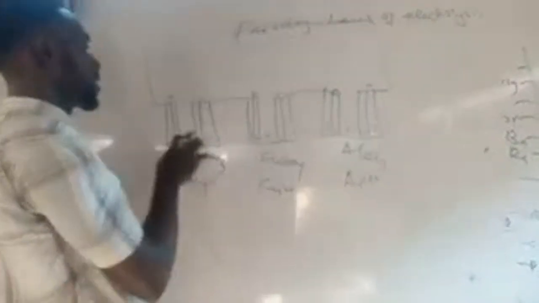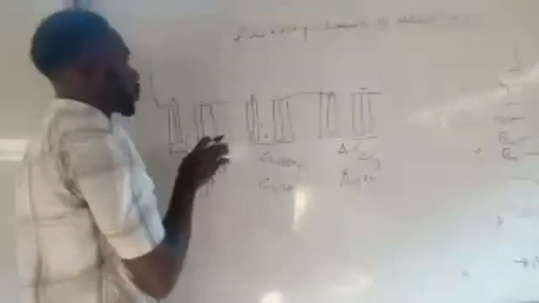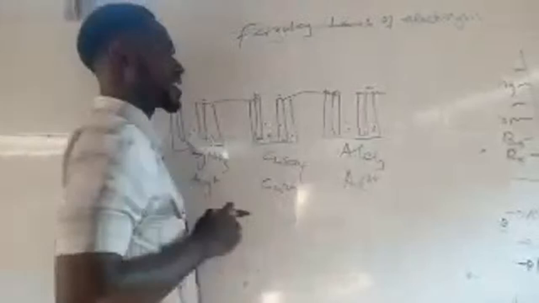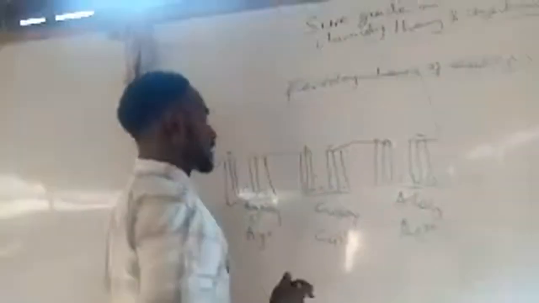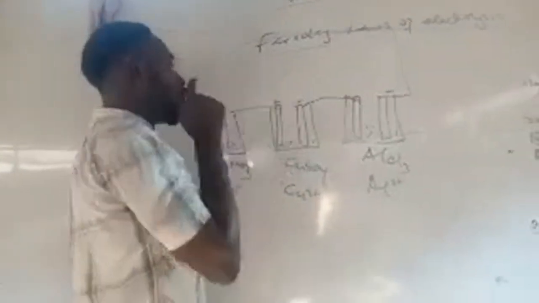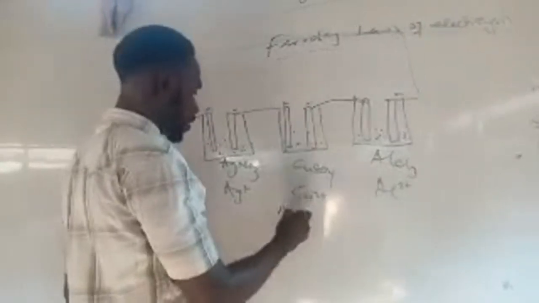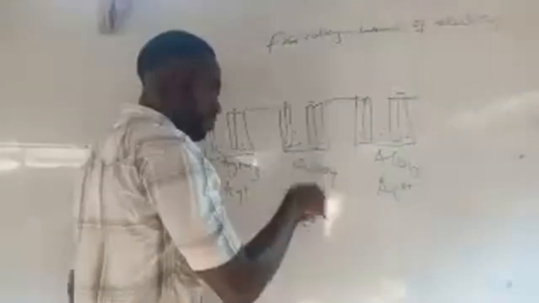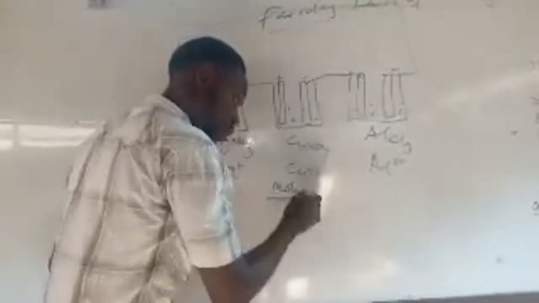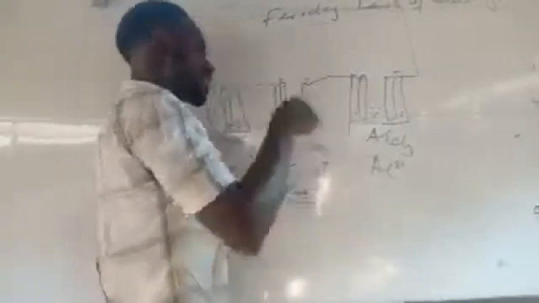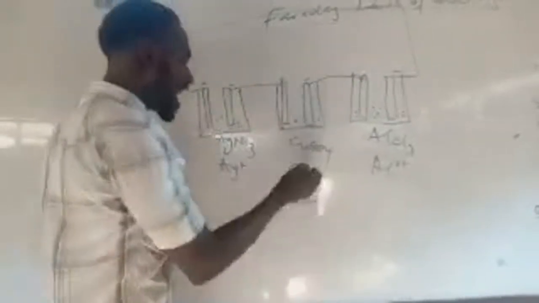So when the same quantity of electricity is applied through different electrolytes, as you can see, 1, 2, 3 connected in series, the number of moles, class, you should note this, we are talking about moles, not mass. The number of moles of the elements discharged is inversely proportional to the charge.